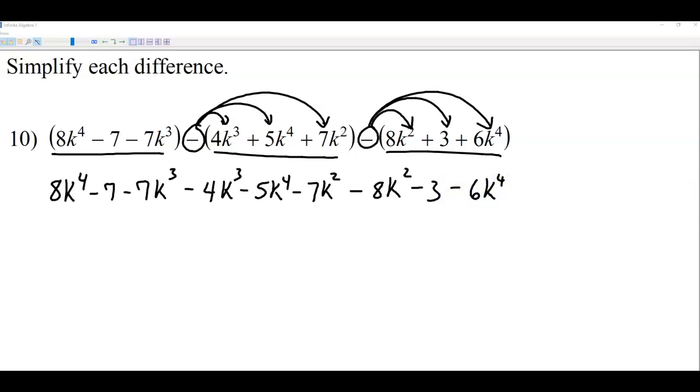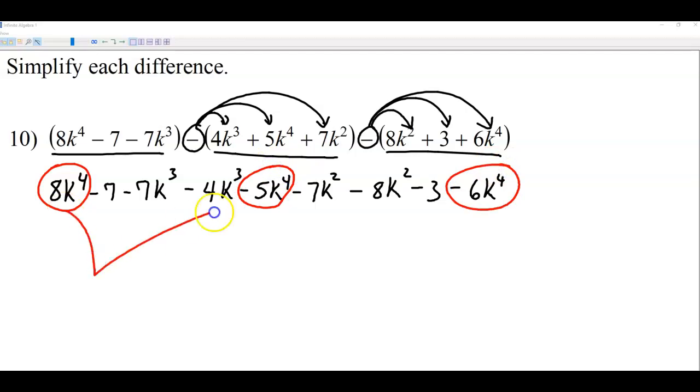Now we're ready to combine our like terms. I've got a 4th power here, I've got another 4th power here, and another 4th power here. So I could put all 3 of those together. 8 take away 5 take away 6 is -3, and then we have our k to the 4th.